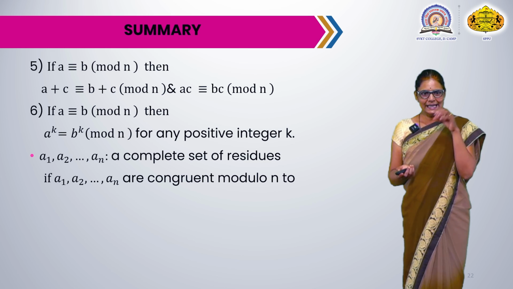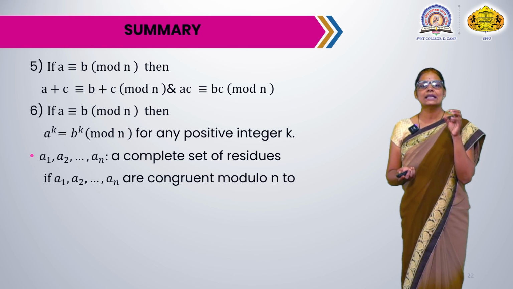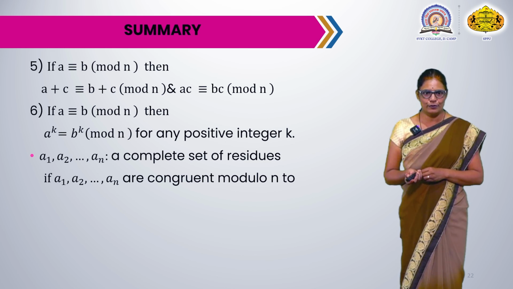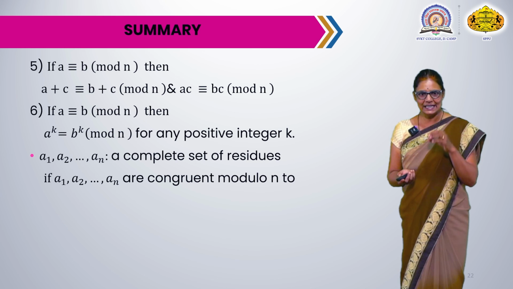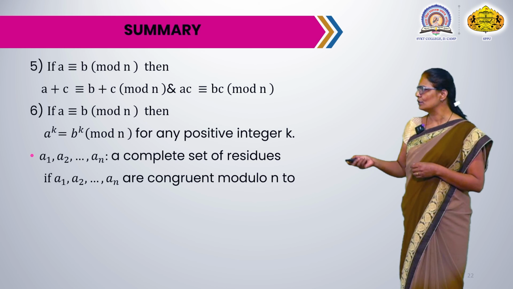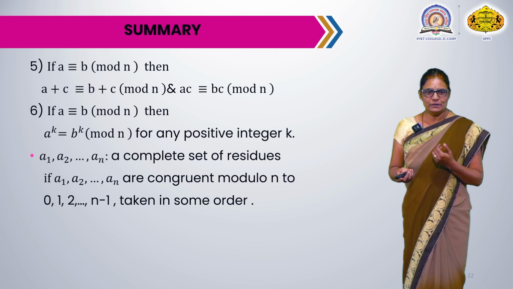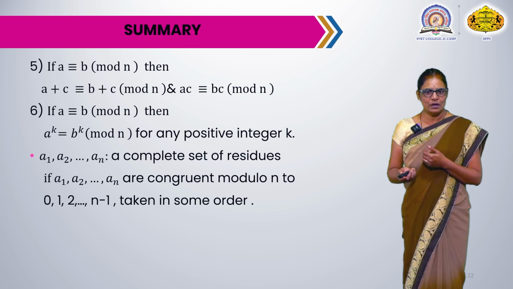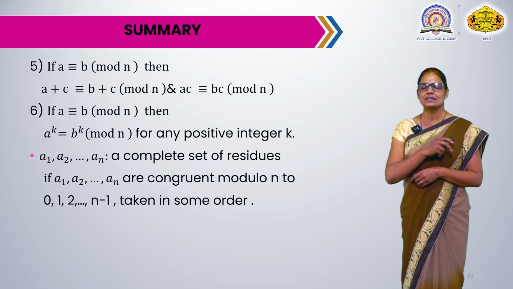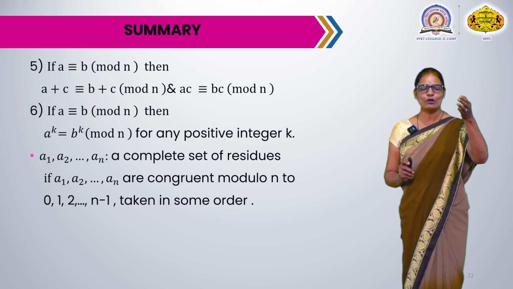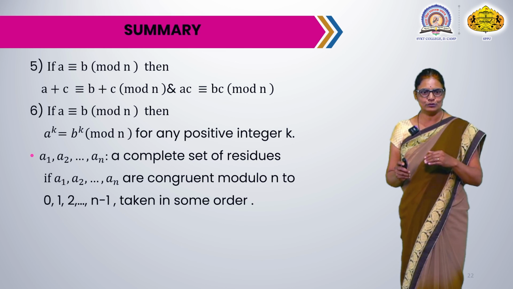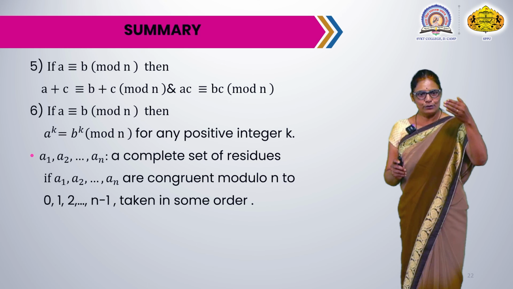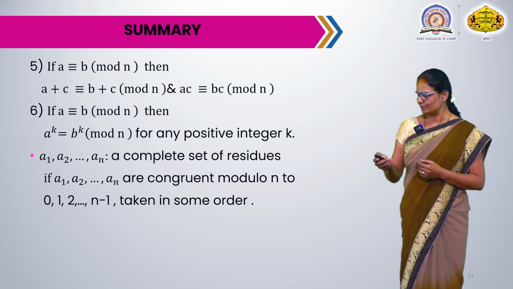A set of n integers is called a complete set of residues if these n integers are congruent to one of the integers 0, 1, 2 up to n minus 1, taken in some order. Suppose a1 is congruent to 2 modulo n, then a2 is congruent to 1, and so on.